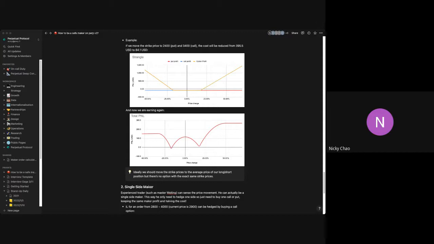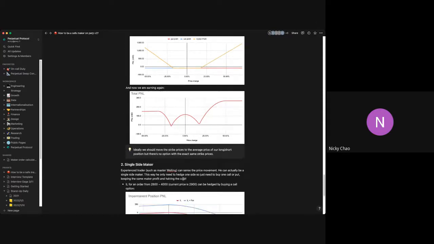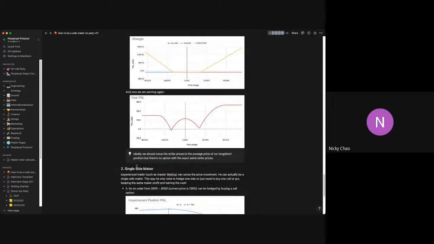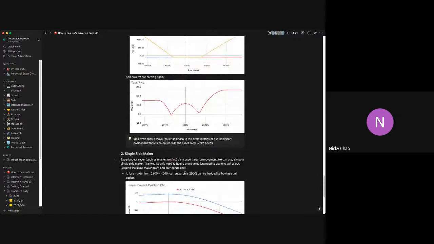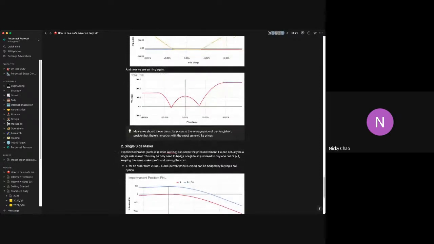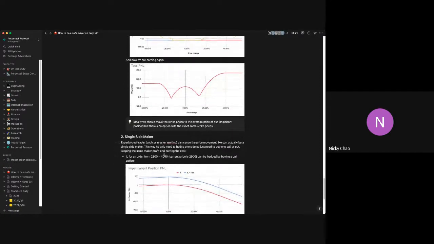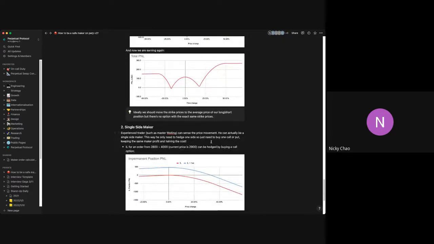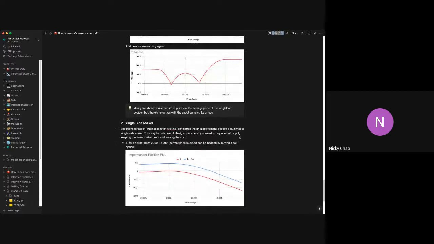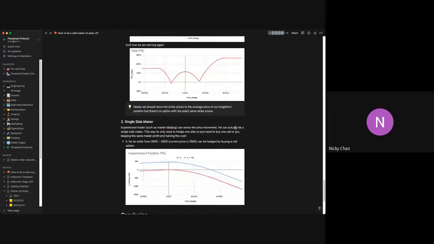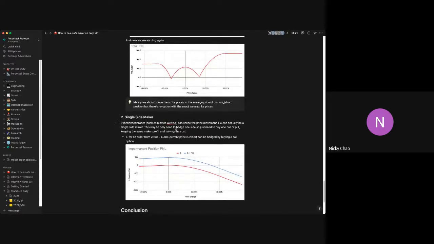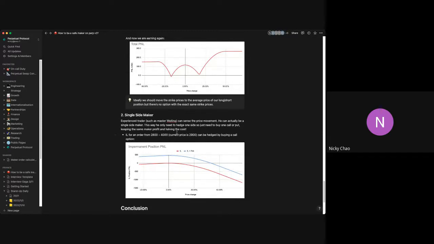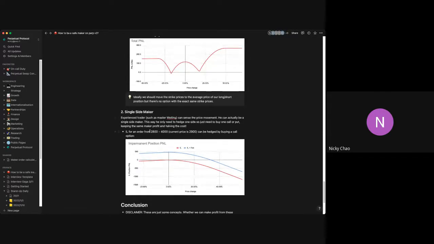Okay, so if there's no question, I'll continue. A second advanced strategy is actually from Waiting, and I think he is using this right now. Experienced traders such as Waiting can sense the price movement, right? So he can be a single side maker, which means if he feels like the price is going up, then he can provide some liquidity from like 2,800 to 4,000.